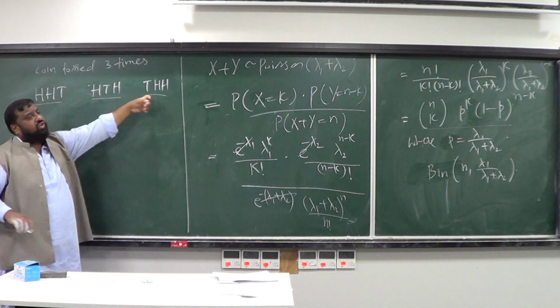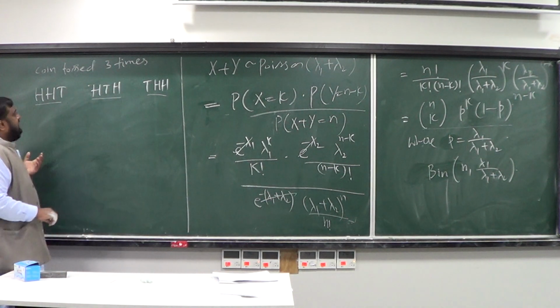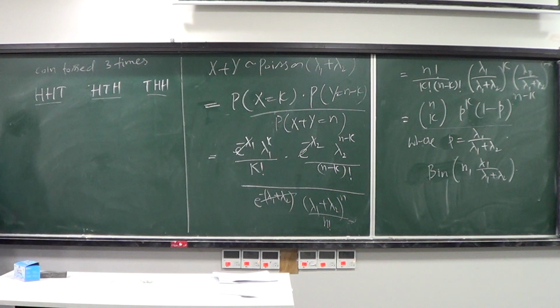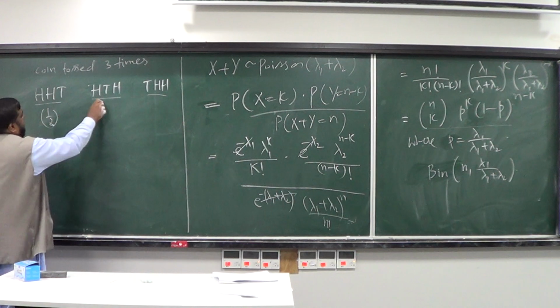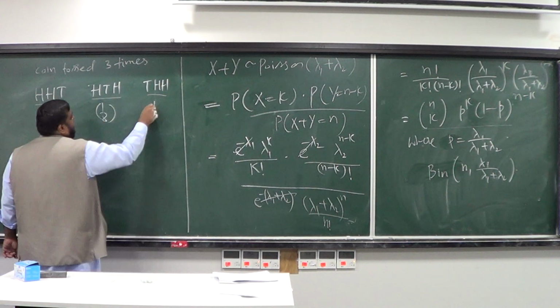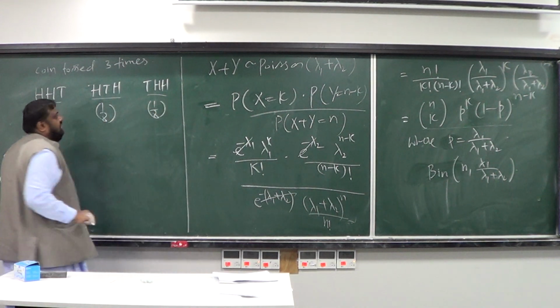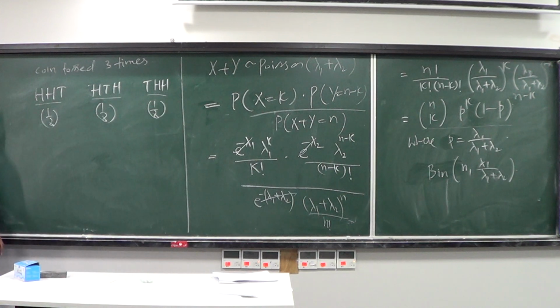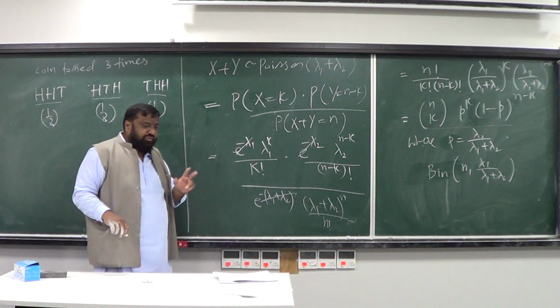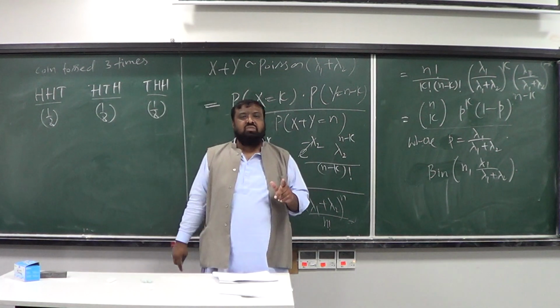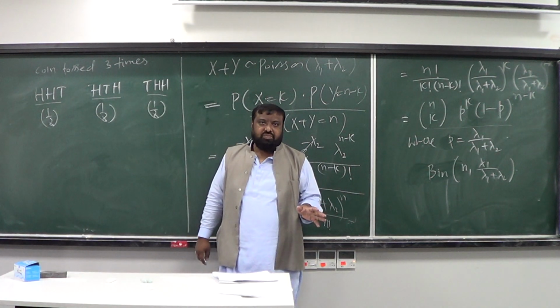Though they have different order, each one has an equal probability actually. So what is the probability of it? It's going to be 1/8, 1/8, and 1/8 actually. So 2 successes with different ordering have the same probability.